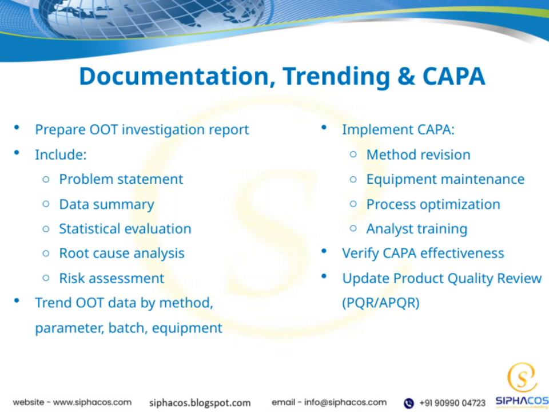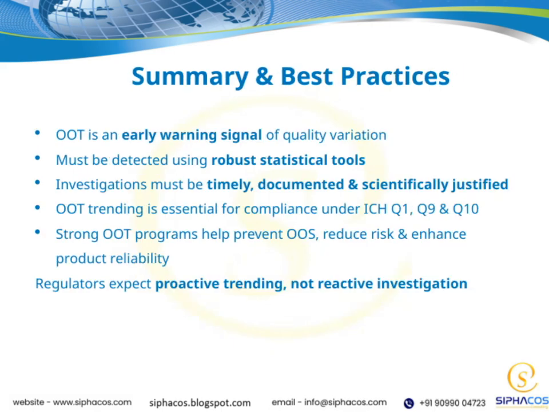Conducting a root cause analysis is crucial to identify the underlying issues, and performing a risk assessment helps us prioritize actions. Additionally, trend OOT data by method, parameter, batch, or equipment to recognize patterns over time. All these steps, documentation, trending, and implementing CAPA, are interconnected, forming a continuous cycle of improvement that ultimately enhances our product quality and compliance.